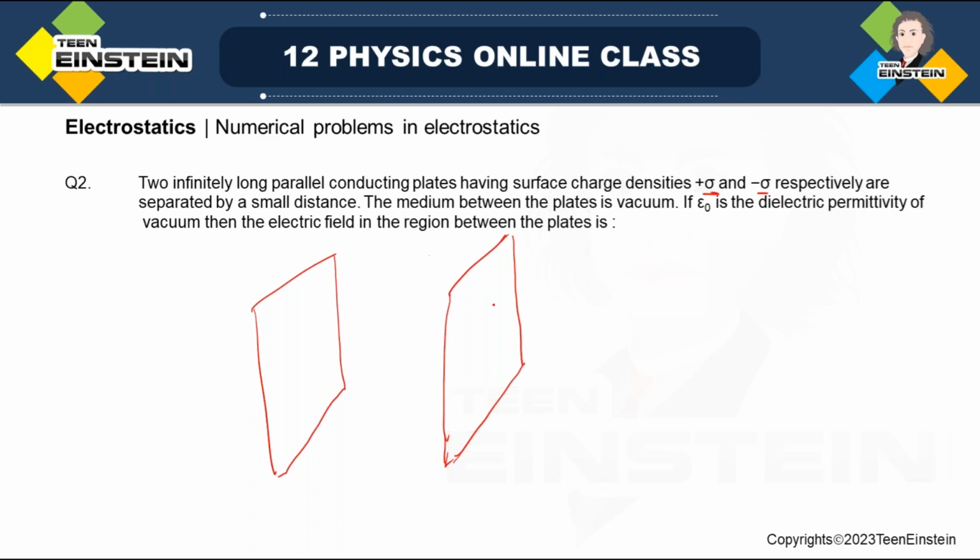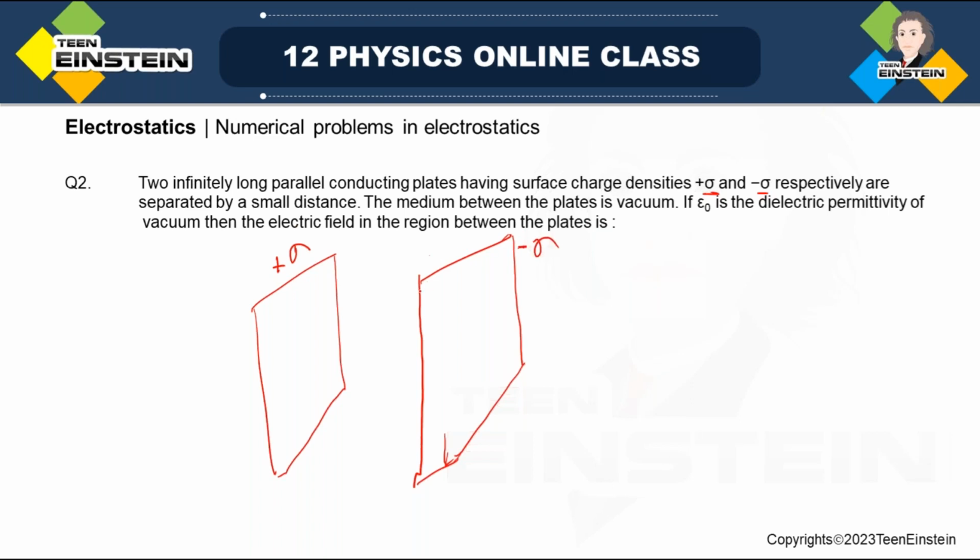So these are two infinitely long parallel plates. One has positive surface charge density sigma, and the other is negative.